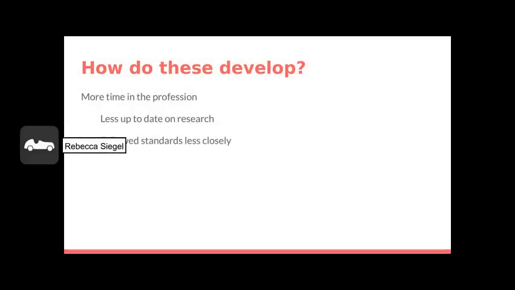So, how do these actually develop? There can be a few reasons. One is it tends to be with more experienced doctors. They actually tend to have more bias because they've been in the profession longer. They think they've seen everything, they know everything. Where actually it's been shown that more recent doctors, ones that are newer to the profession, tend to have less bias, because all the information they've learned from school is more fresh in their mind, and they tend to be more by the book and by the rules for diagnosis.